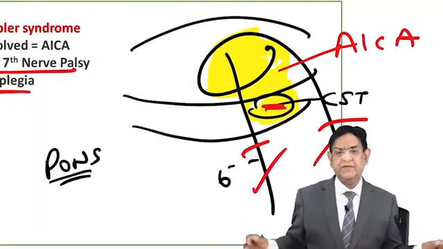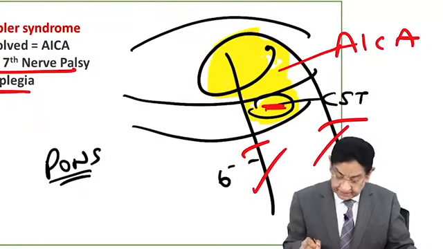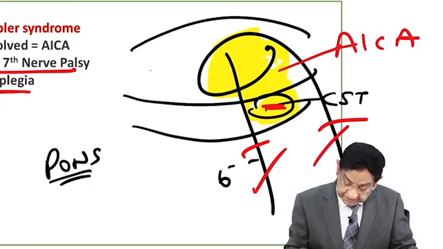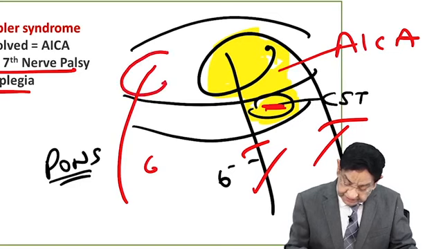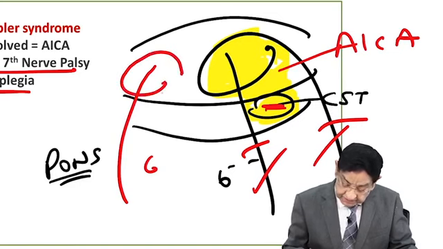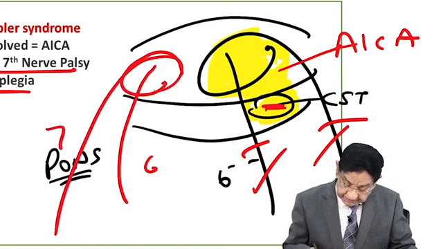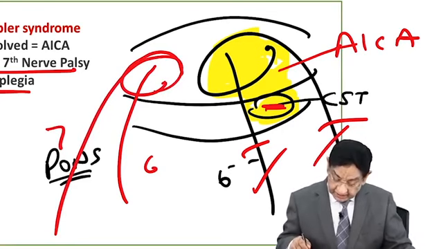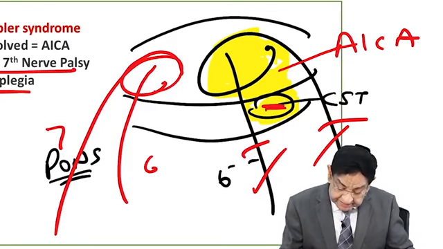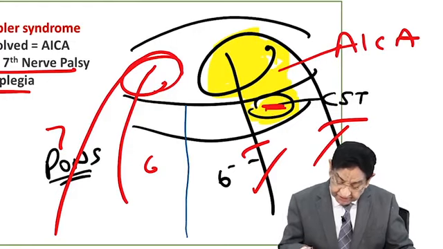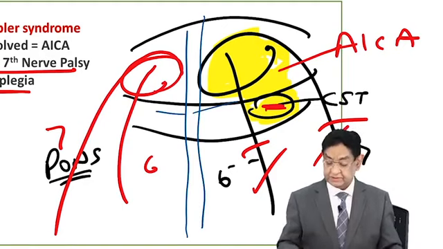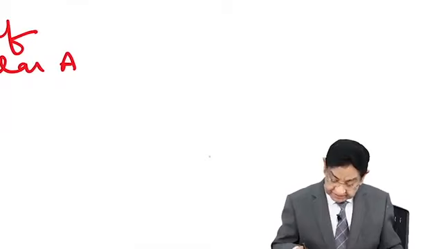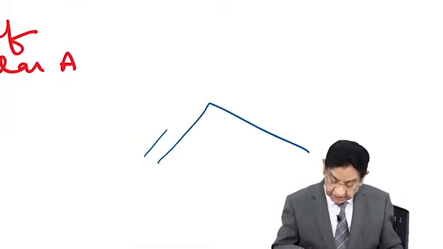Now let us see one more thing. We get a basilar artery, and the basilar artery supplies the pons. Okay, let me give you an example. These are the two vertebral arteries.